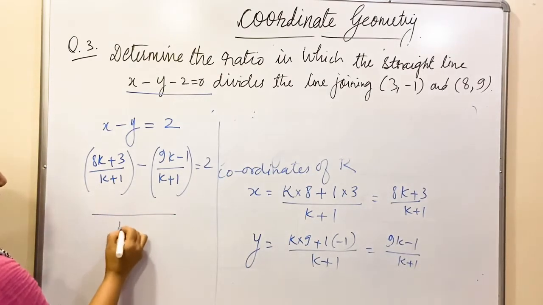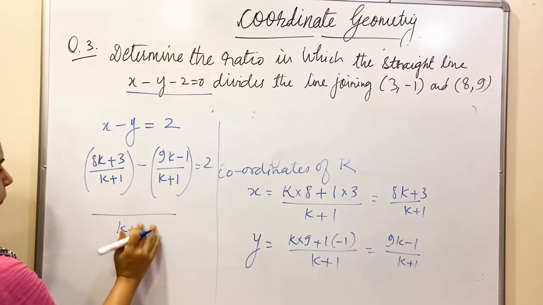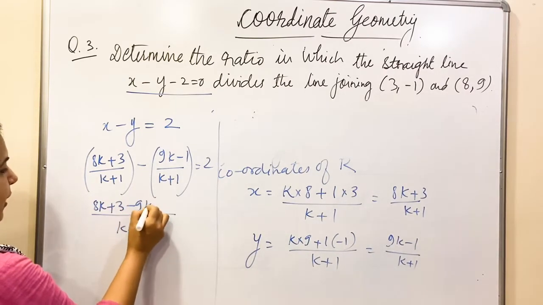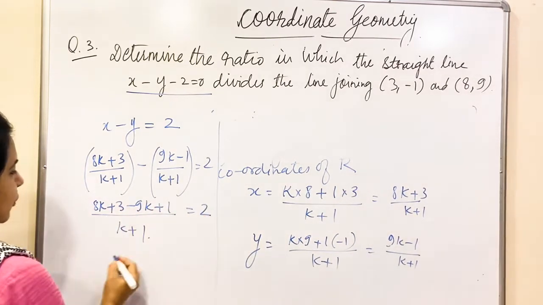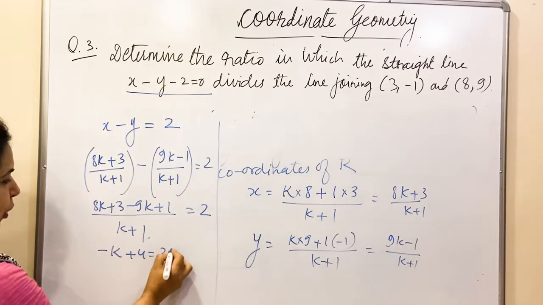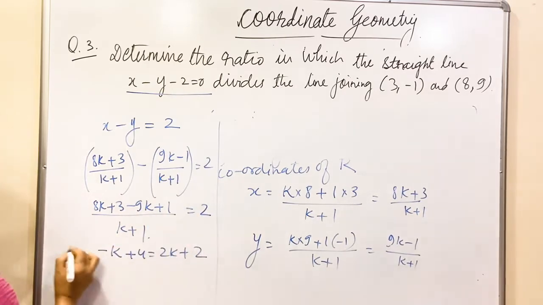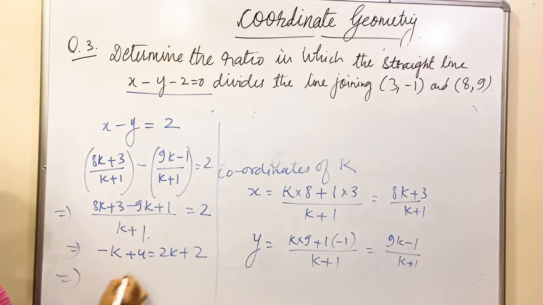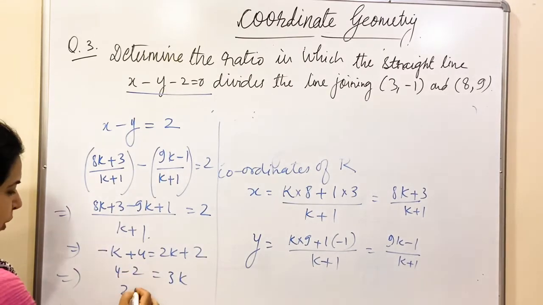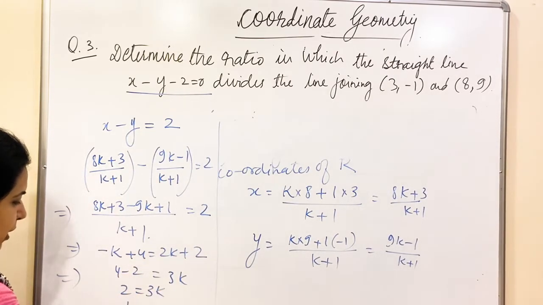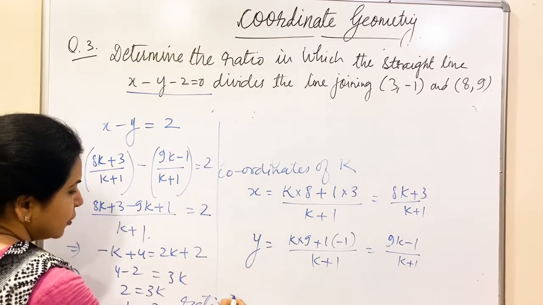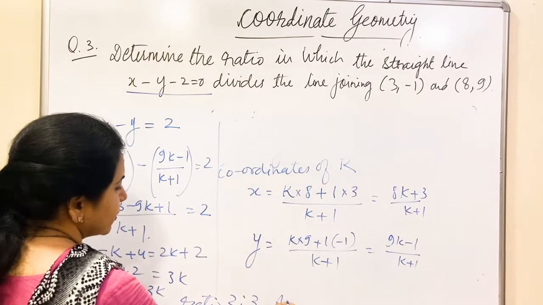Simplifying this, with LCM (k plus 1), here 8k plus 3 minus 9k plus 1 equals 2k plus 2 by cross multiplication. So 3k is equal to 2, so k is 2 by 3. So the ratio is 2 is to 3. This is the answer.